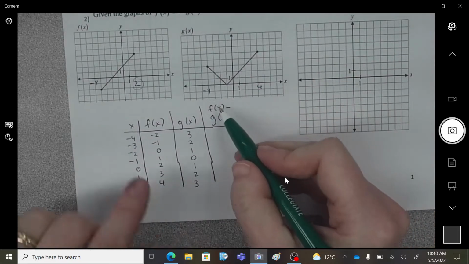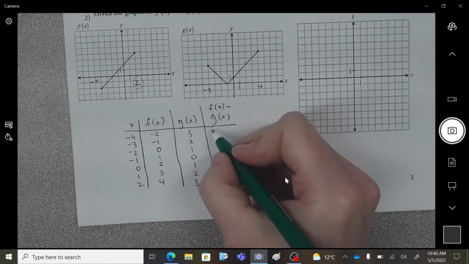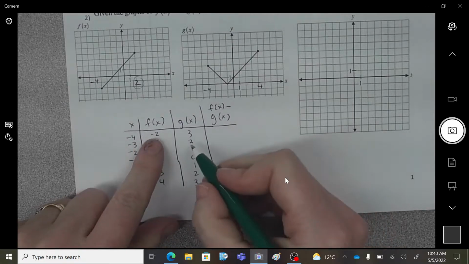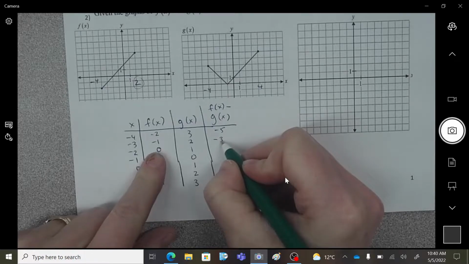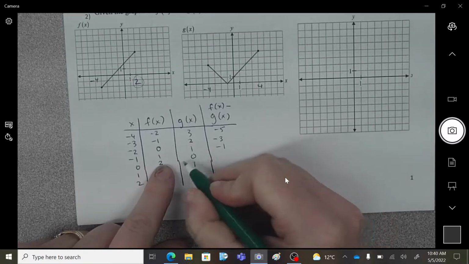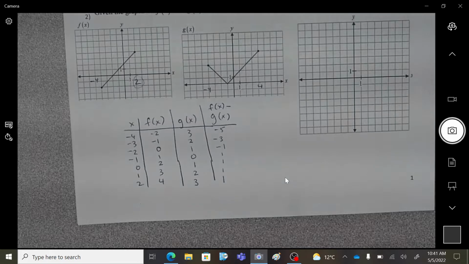Okay, so we're going to go the f minus the g. Make sure that your order is correct because subtraction would matter. So -2 minus 3, -5, -3, -1, 1, 1, 1, 1.